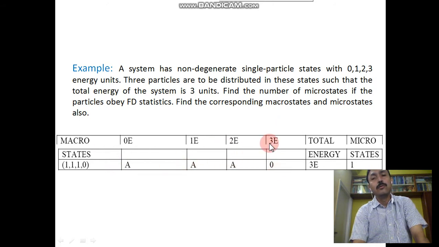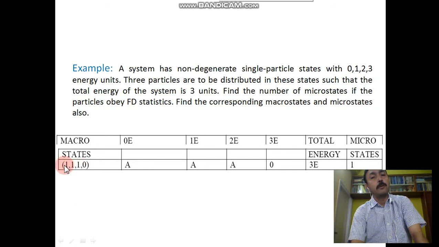We have not placed any particle in state 3 because we already have 3 particles and these 3 particles are accommodated in the 3 energy states. So this is the only microstate, and the microstate is AAA and its corresponding macrostate is 1110.